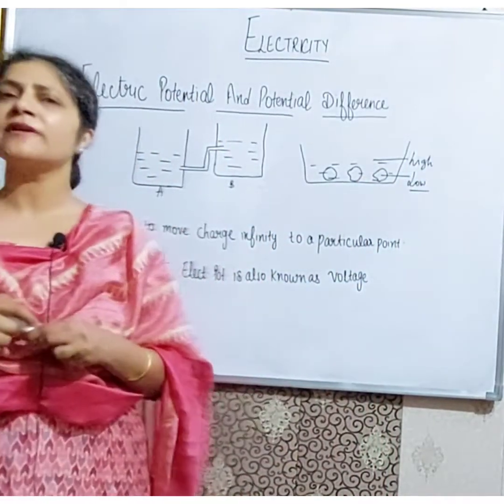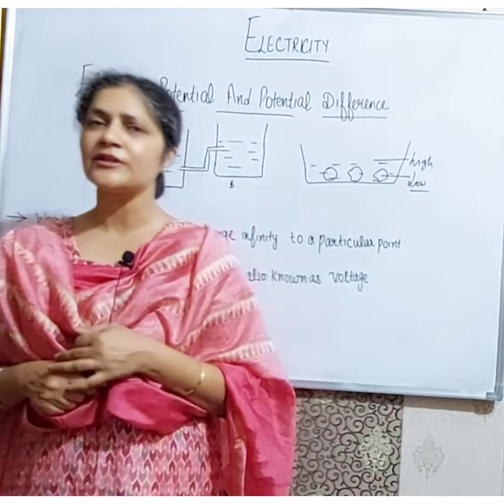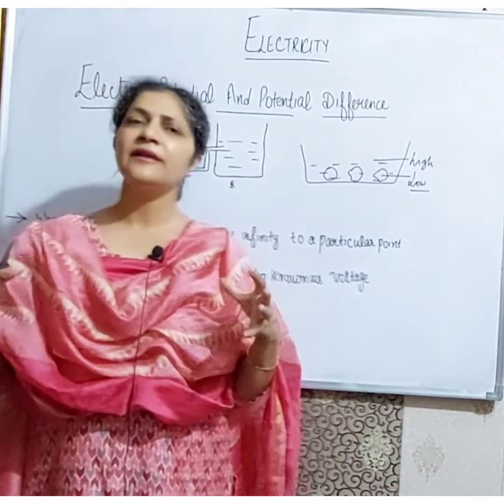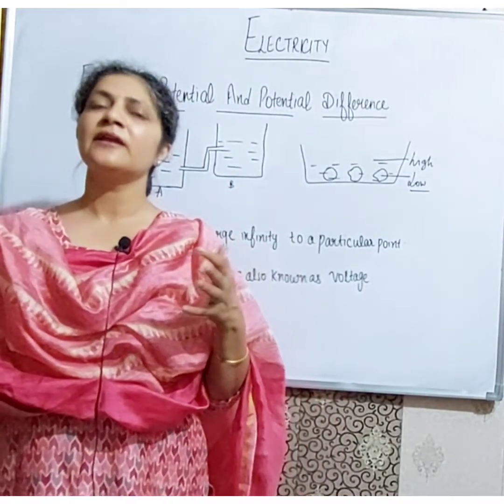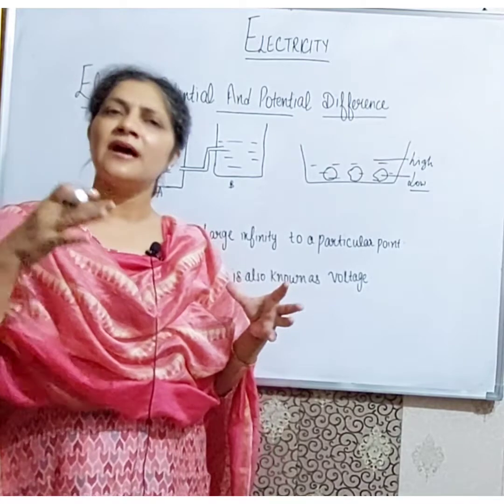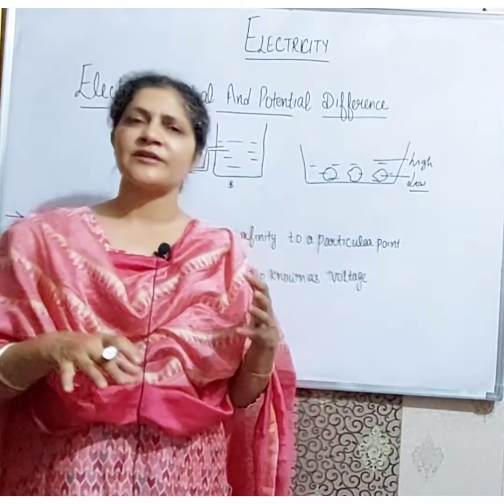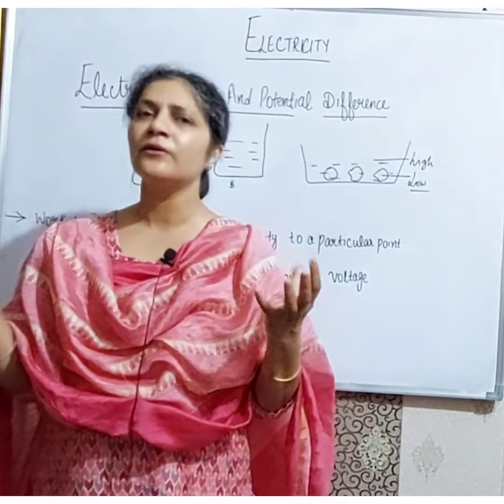So the water will shift from higher concentration to lower concentration. So in this way students, everything that flows, like air, like water, always flows from higher concentration or higher density or higher pressure to low concentration, low pressure or low density.